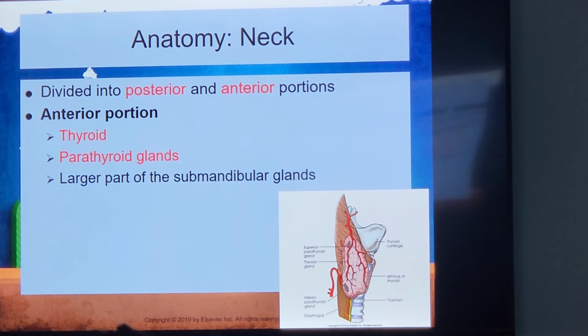So that's the point where both of the lateral sides of the thyroid cartilage meet and it sticks out in your throat. You can prominently see it in males versus females. So the actual anatomical term is laryngeal prominence, but the layman's term would be Adam's apple.